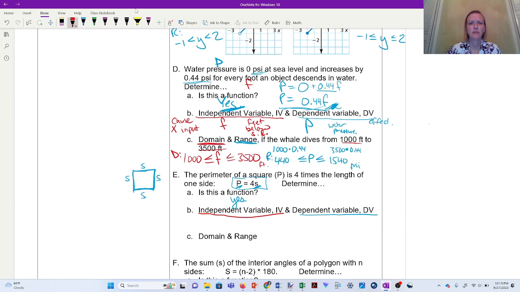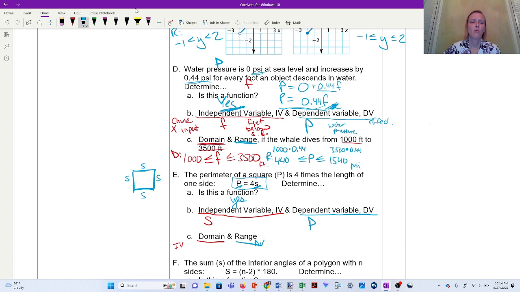So here the independent variable is s, which was the length of one side. And here the dependent variable is the perimeter. Now that we know which is the independent variable and which is the dependent variable, that's going to help us answer our next question, which is asking about domain and range. And domain is always related to the independent variable, and range is always related to the dependent variable.